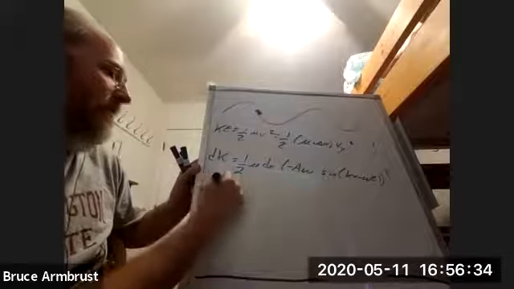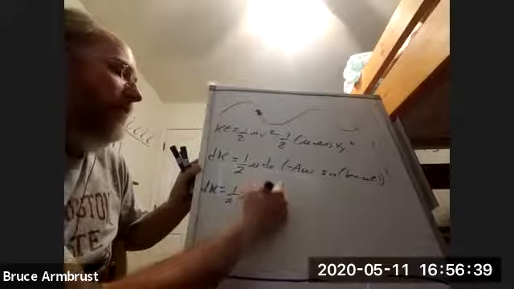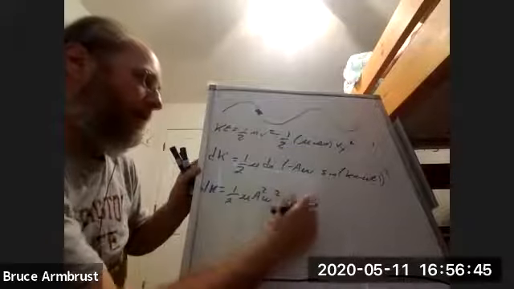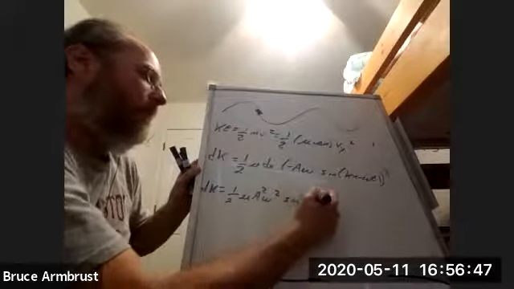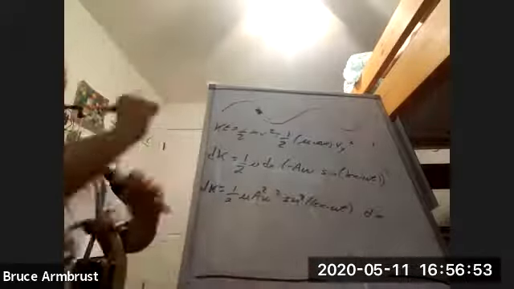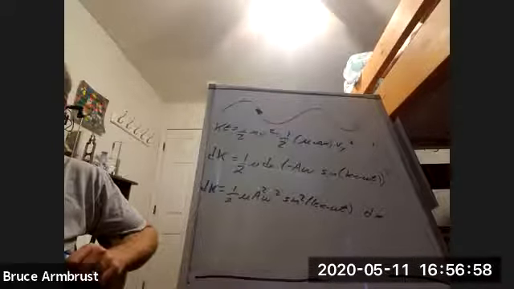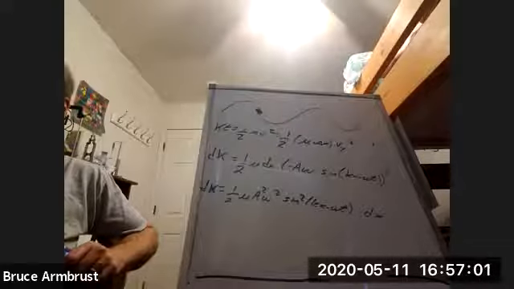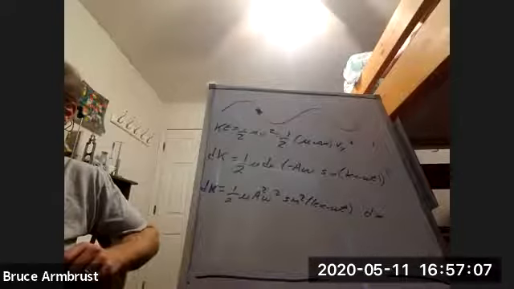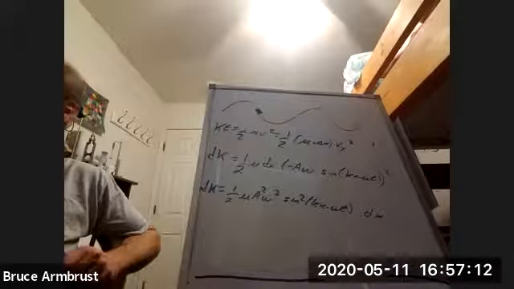Let me rewrite this so that it's nice and neat. We're going to have 1/2 mu A squared omega squared times sine squared of kx minus omega t, and I'm going to put dx. All right, so far so good. So that's the kinetic energy in one little chunk.